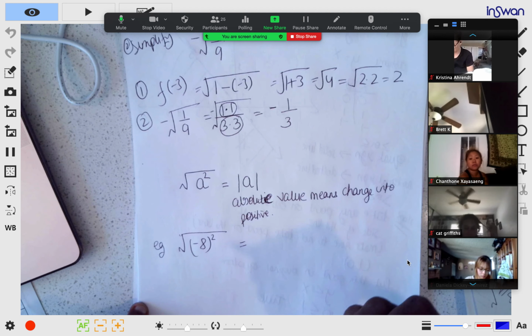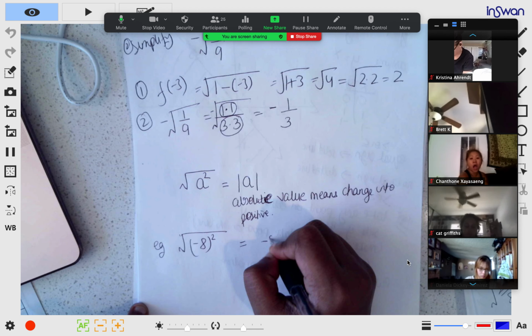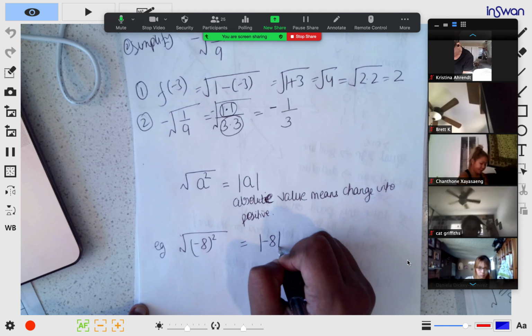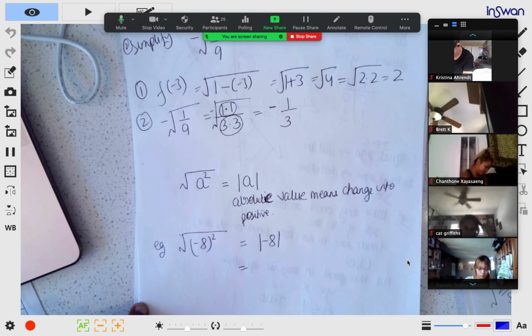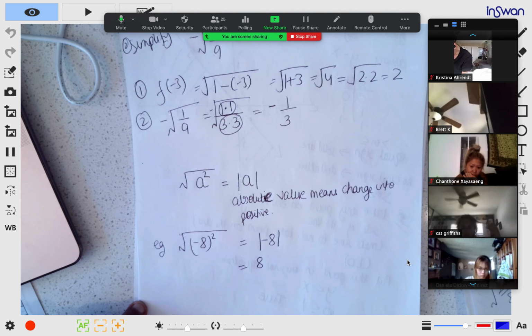Similarly, square and square root cancel. I know I'm going to get negative 8, but negative 8 will not be my answer. I have to take the absolute value of that. Absolute value means I have to change this into positive. It will always be a positive answer. You cannot have a square root as a negative answer.